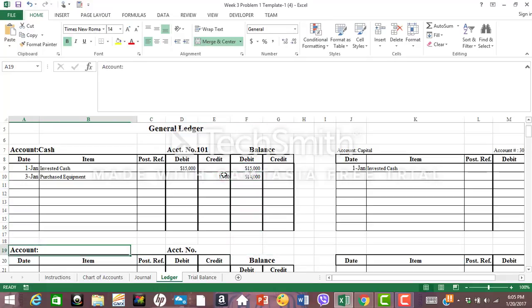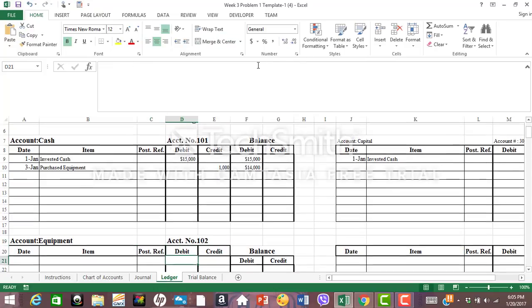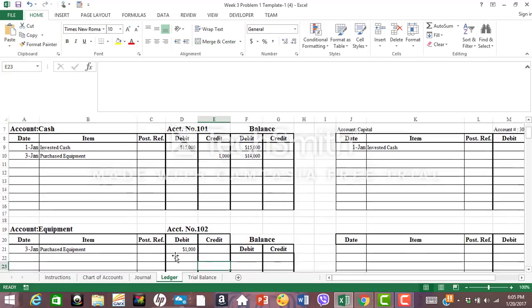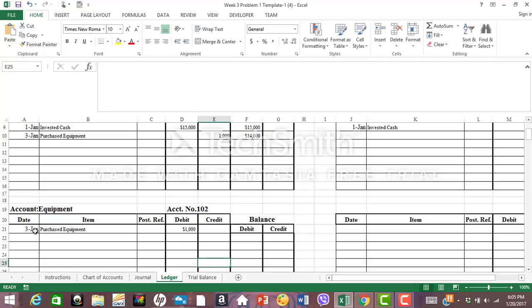Then we make a new account, which is equipment, and the account number is 102. The date is January 3rd, obviously purchased equipment, and we would debit $1,000 here. Technically this should be adjacent to that, not down there.